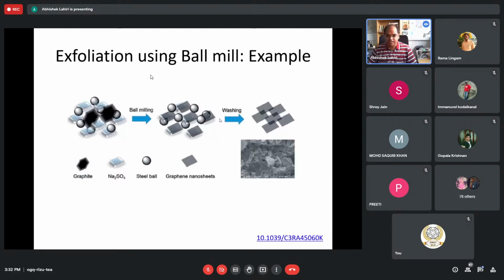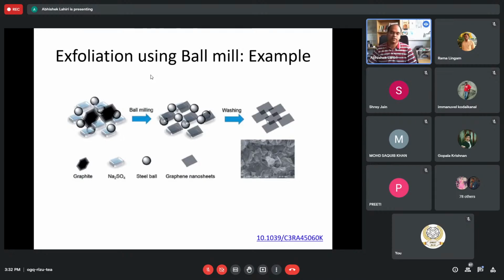What was recently done was you add sodium sulfate during the ball milling process. So you add sodium sulfate onto the graphite flakes, and then if you ball mill and simply wash the material, so sodium sulfate will dissolve in water, you can simply wash in water, you produce better graphene nanosheets.